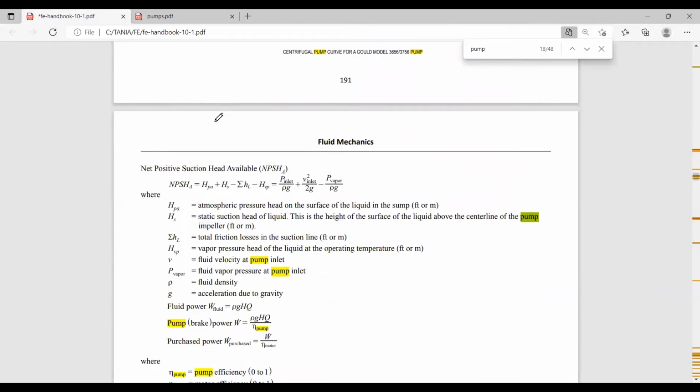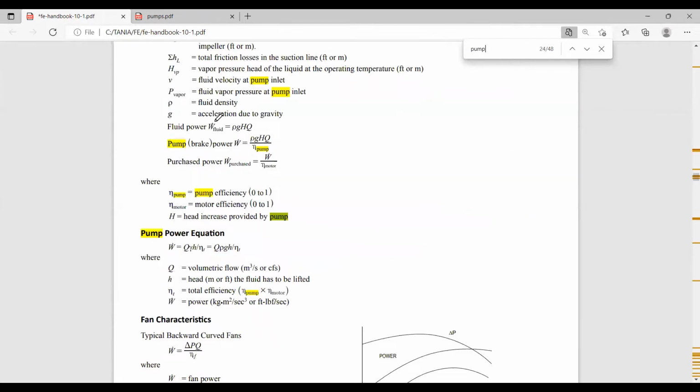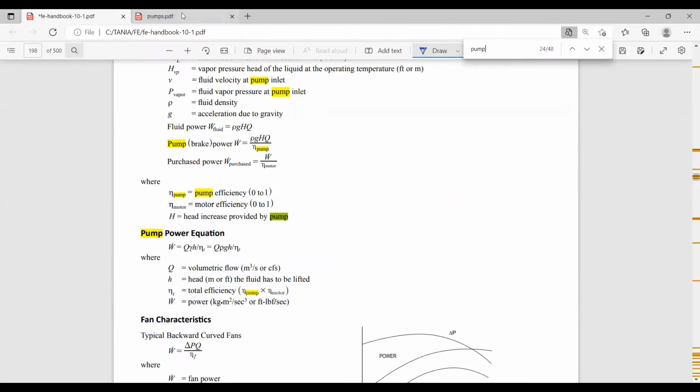Okay, here is the pump brake power and pump power equation. So this is the pump power equation. This is what the problem is asking us to calculate, this W here. Let's write it down and then discuss every single component of this equation.